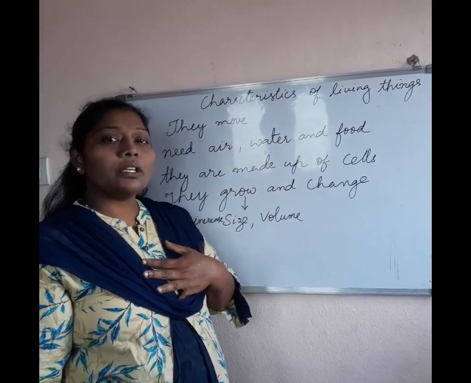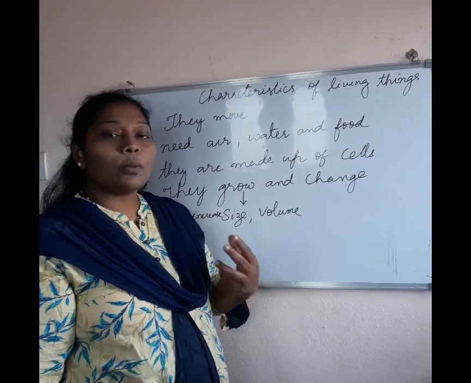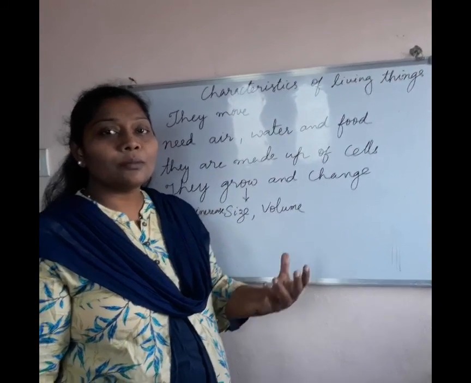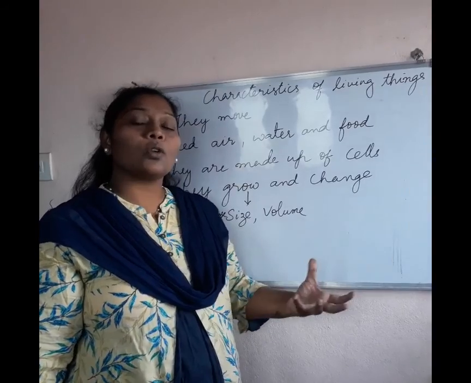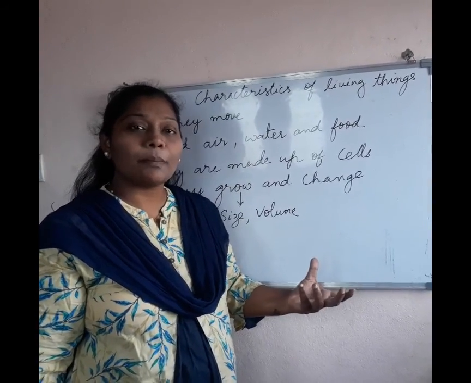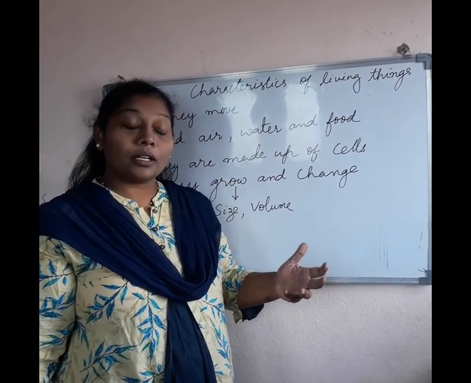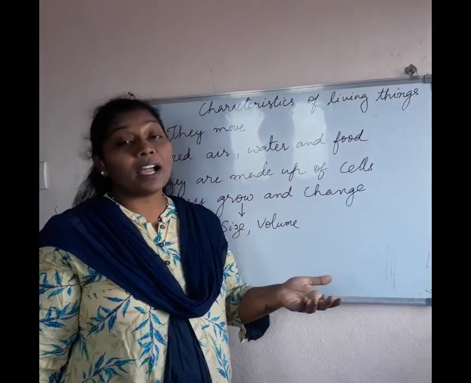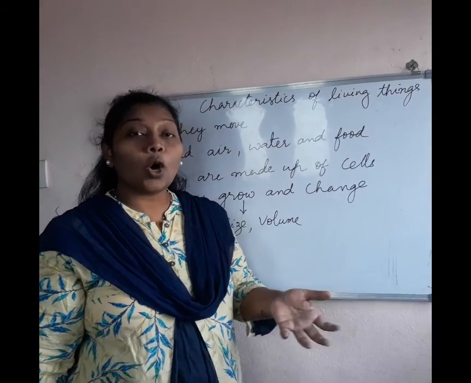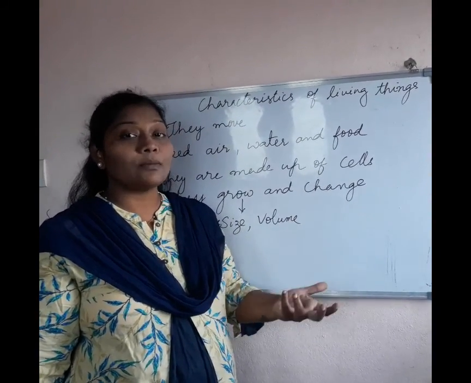And we were very tiny when we were born, but now we are grown up. We are 10 years old. So what is happening? The cells are dividing and making the living organism grow.